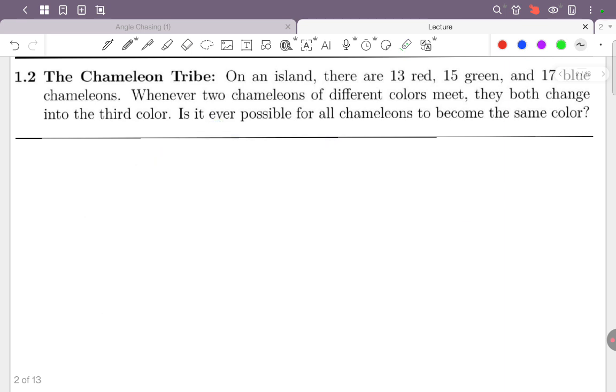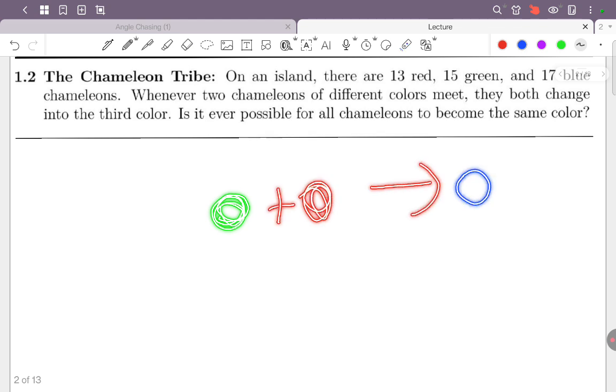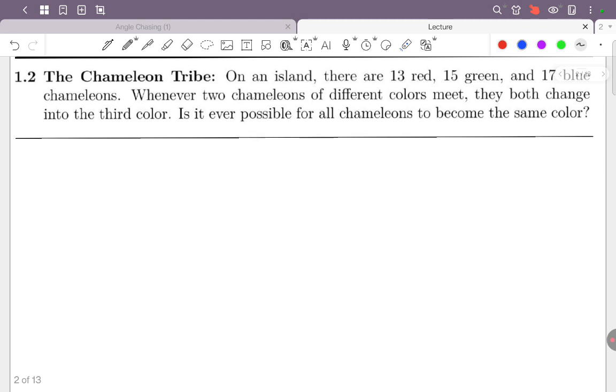So it is just like that, one green goes, another red goes, and they will become two blue. Now this process happens. So the question is, can they ever become the same color?